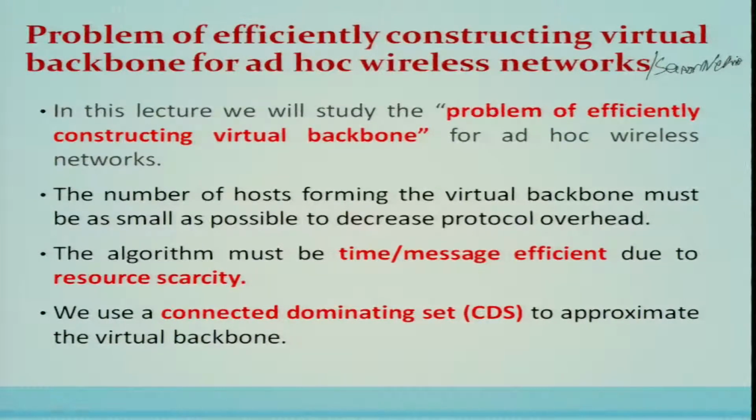The alternative solution to the broadcast problem is basically to maintain a virtual backbone, which is quite similar to the physical backbone, but in an infrastructure-less network like a sensor network. So how do we efficiently maintain this virtual backbone, which can be used for routing purposes on this network?